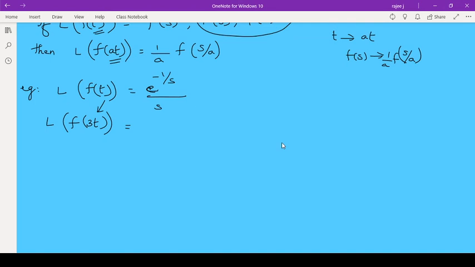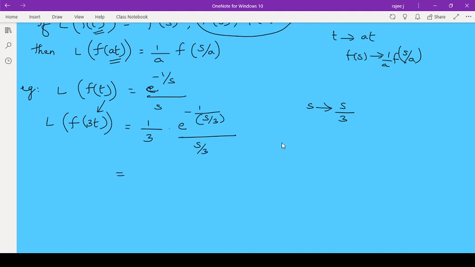As per change of scale property, all s will be replaced by s by 3. Here on the right side, it is 1 by a f of s by a, so I will put 1 upon 3 because a is 3, and all s is replaced by s by 3. So it is e to the power minus 1 divided by s by 3 upon s by 3.